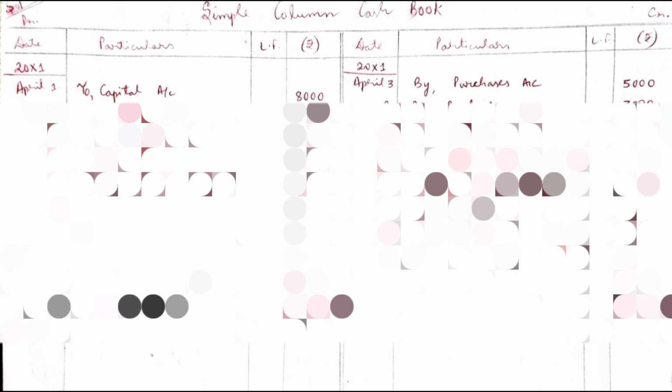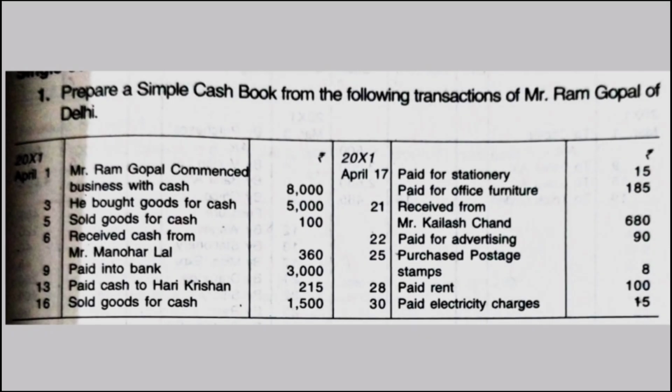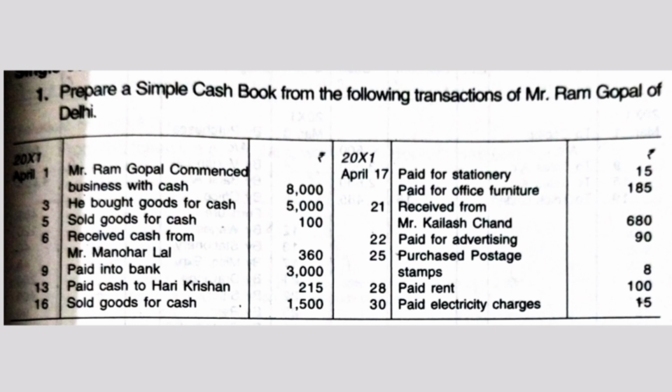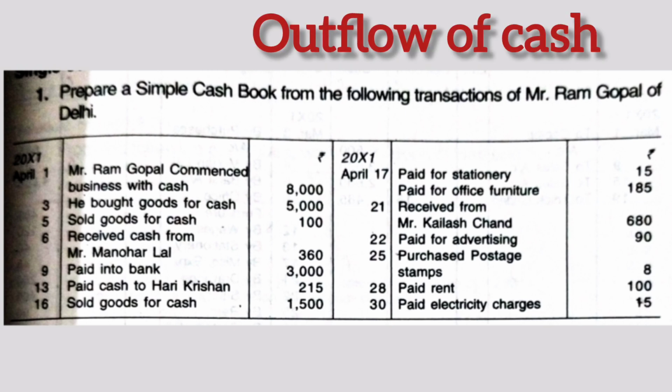Now, moving forward, the next business transaction: what does it state? It states that he bought goods for cash 5,000. He bought goods. Yes, goods are coming into the business. So when goods come into the business, what happens in the general scenario? Cash goes out, yes or no? Cash goes out and goods come in. Since we are recording these transactions in the cash book, we are going to think from the perspective of cash.